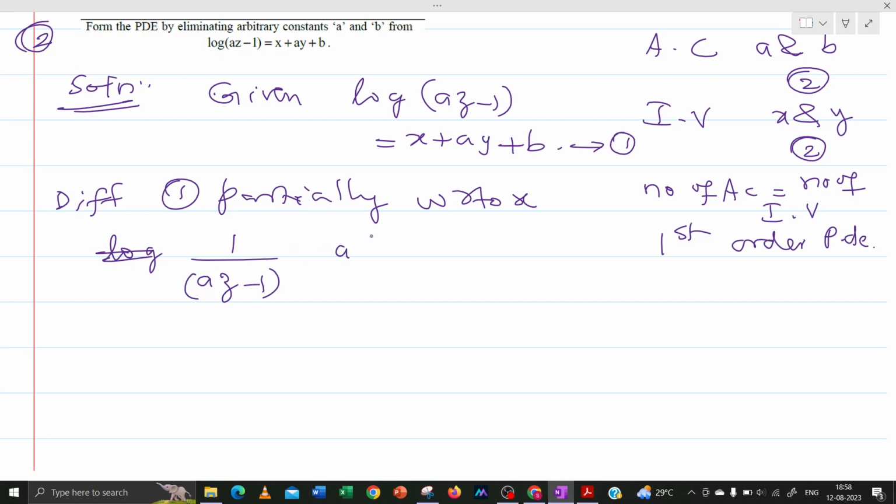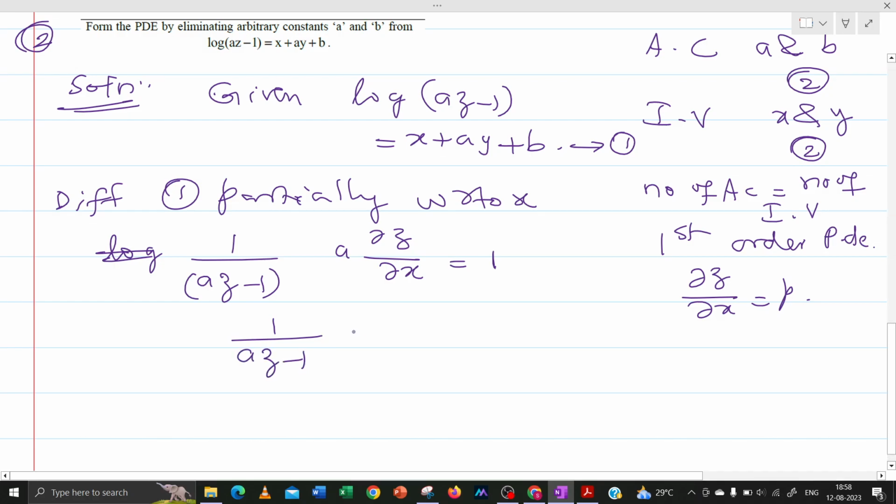You will get a into dou z by dou x. Differentiation of 1 is 0. That is equal to differentiation of x, which is 1. So already we know that dou z by dou x is p. Substitute here, you will get 1 by (az minus 1) ap equal to 1.